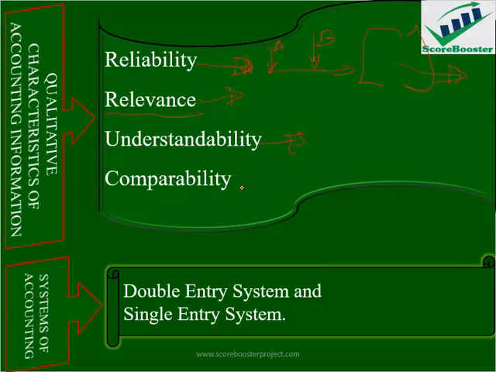Then another thing is comparability. It should be comparable. As I told you last time, I can look at the performance of two companies, for example bank A and bank B. I can look at the performance of, let's say, Northern Nigeria Flour Mill and Flour Mill of Nigeria.